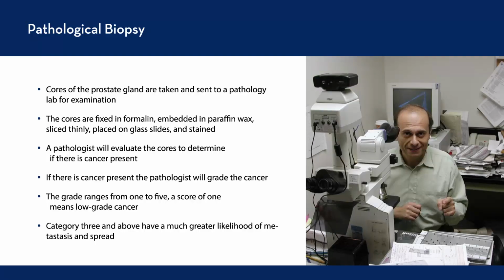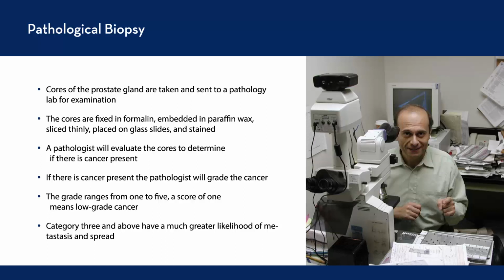So the first thing in evaluating if a prostate cancer is present is to obviously determine, is there prostate cancer? And if there's a suspicion, really the only definitive way of proving that a prostate cancer is present is by pathological biopsy.